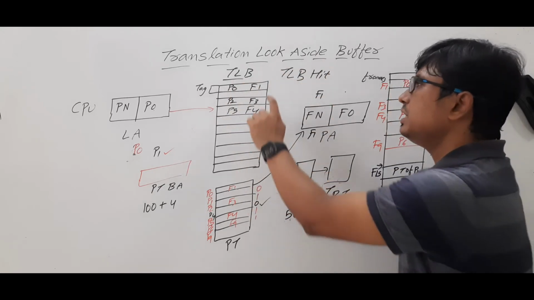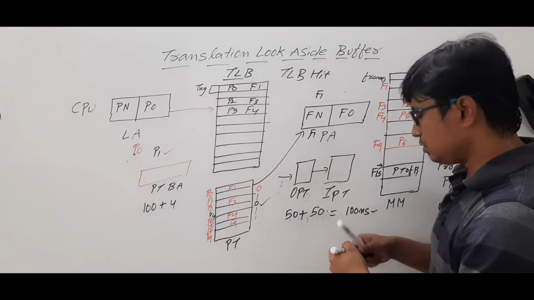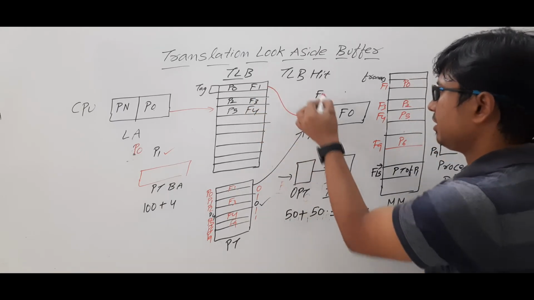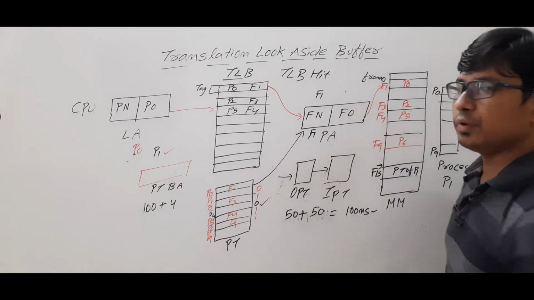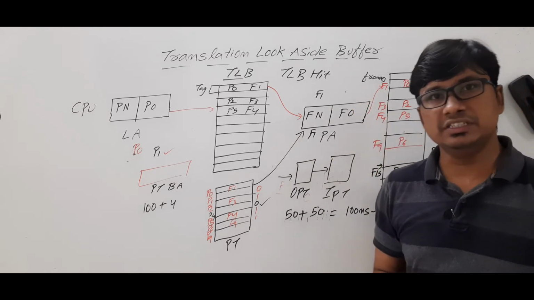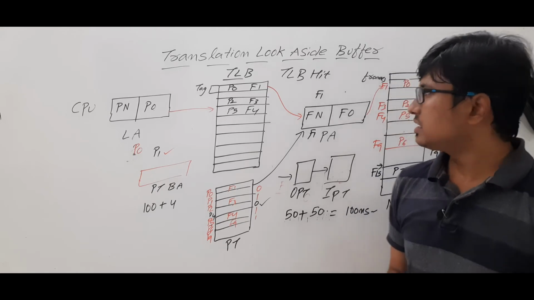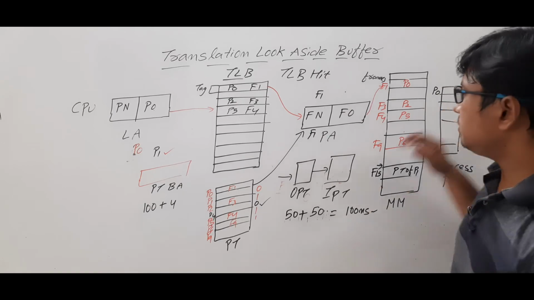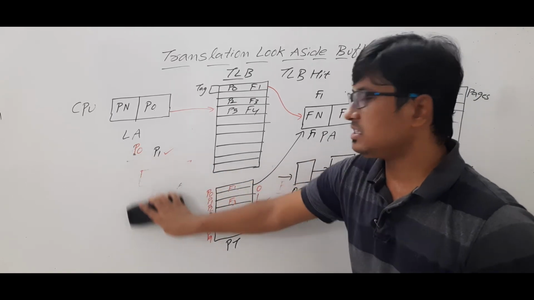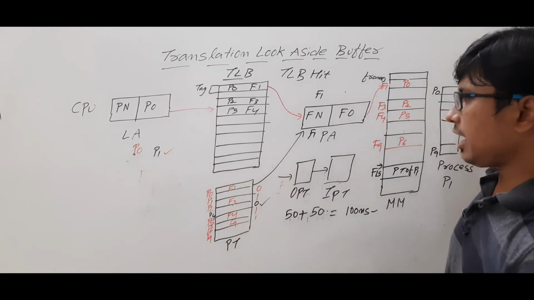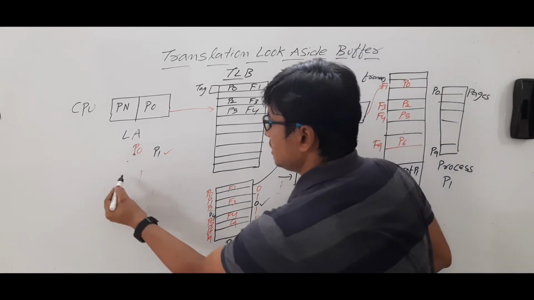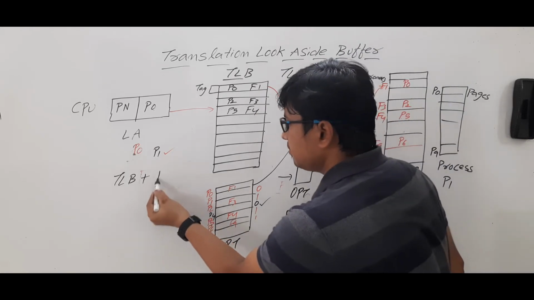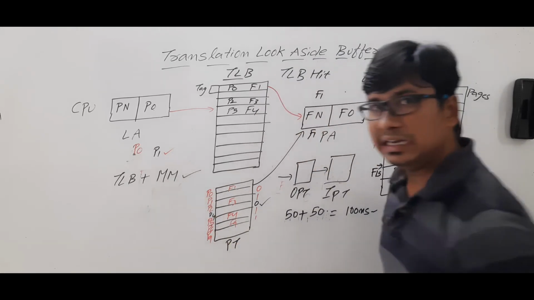Page number 0 is available in the frame number 1. So it will convert the logical address to the physical address with the frame number 1. Then we will go to the frame number 1 and access the information which is available in the page number 0. Are you able to understand? So if a TLB hit is happening, what will be the access time? If a TLB hit happens, then it is the access time for accessing the TLB plus the main memory access time. So this is about the hit.